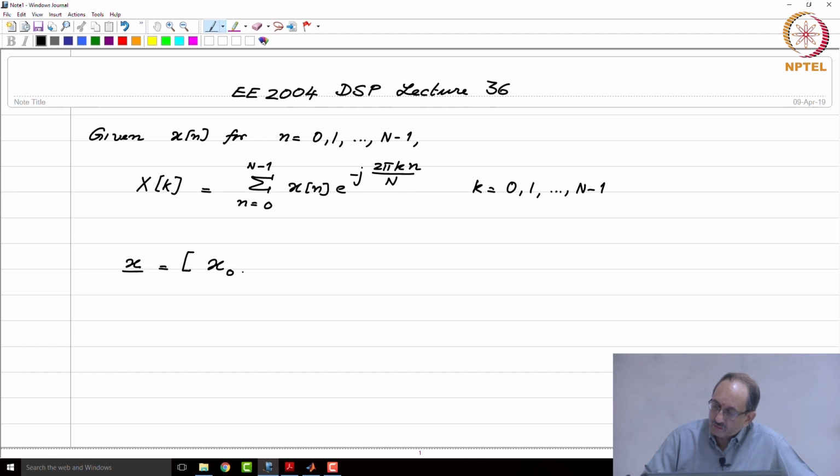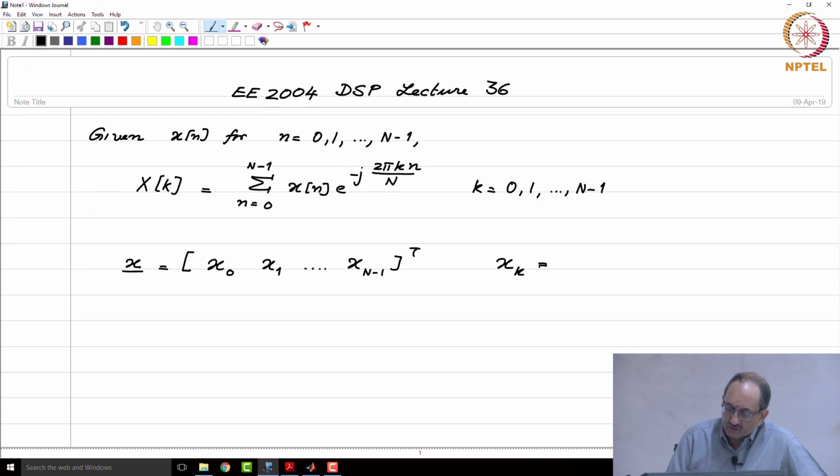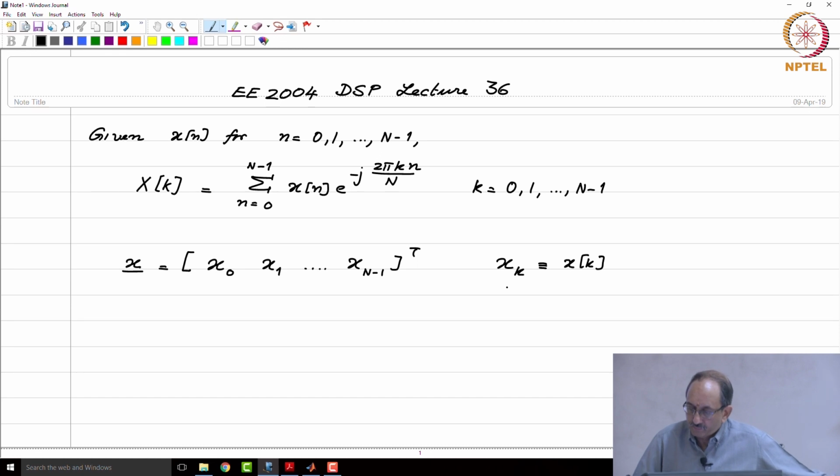We denote this as x0, x1 up to x N minus 1, and this is a column vector, and we are using the notation x suffix k. So, x suffix k really stands for x of k. So, to use this notation is more convenient in this context.